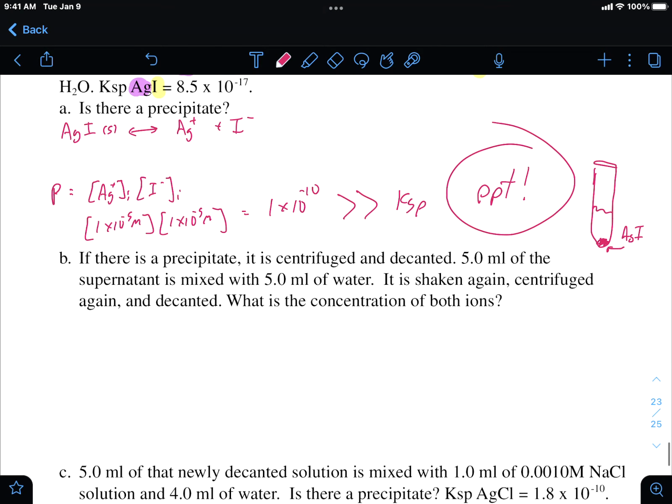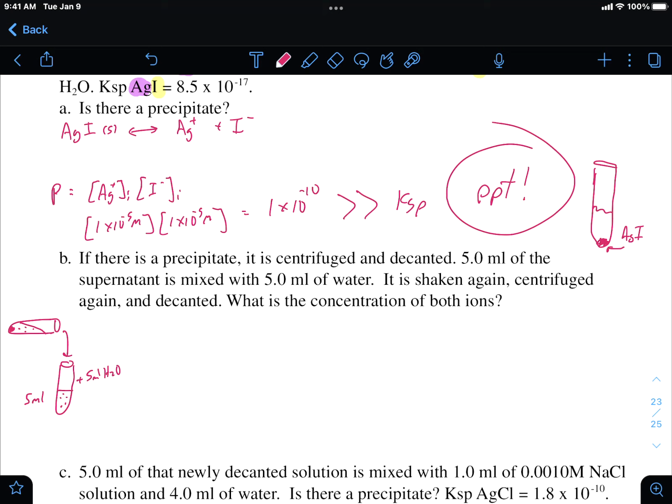All right, so here's what's happening. The saturated solution that you made, we're taking 5 milliliters of it, and we're adding water to it.